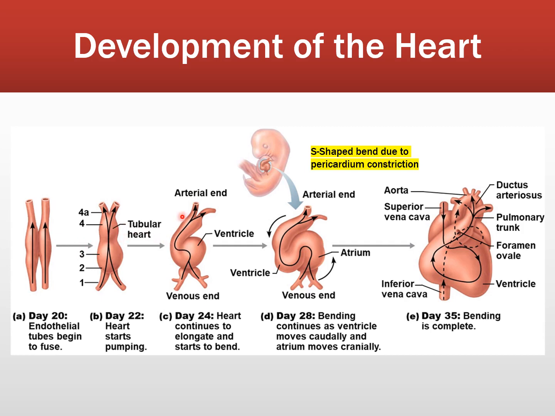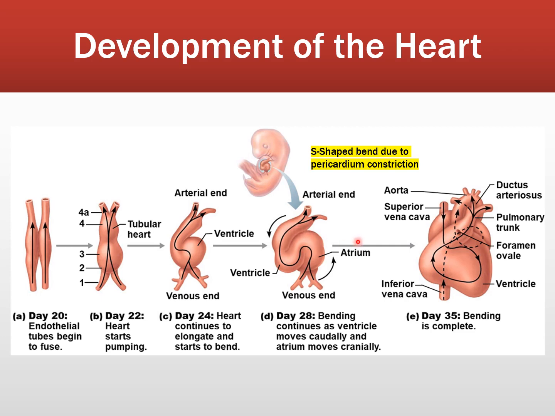But remember, where is it stuck? It's stuck in the pericardium. So it starts growing, but then it has to rotate around because it can't fit inside that pericardium. This ventricle starts to move, and then it starts switching. The atrium was at the bottom, the ventricle was at the top, and it starts making this S-shape pattern.